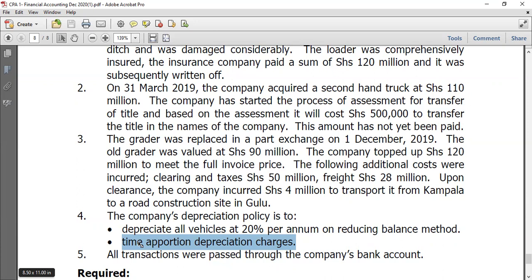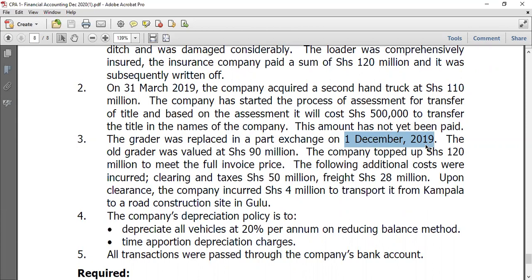Now, in that case, when they say depreciation is full in the year of purchase and none in the year of disposal, even if you disposed of this asset maybe when the year was coming to the end, if that year is the year of disposal, then you don't recognize any depreciation, okay? For example, the grader here, like what we've just done, would be a case where the depreciation policy had been no depreciation in the year of disposal.